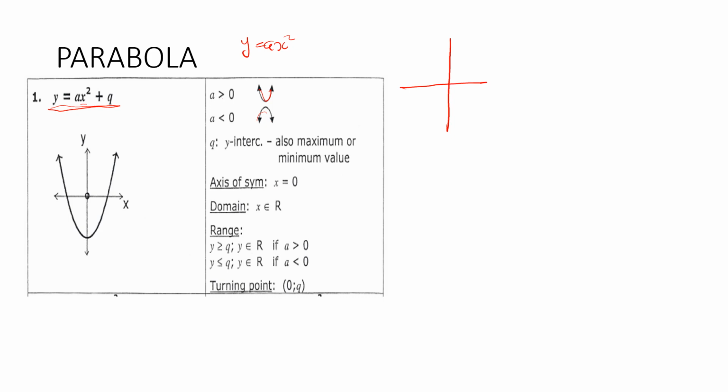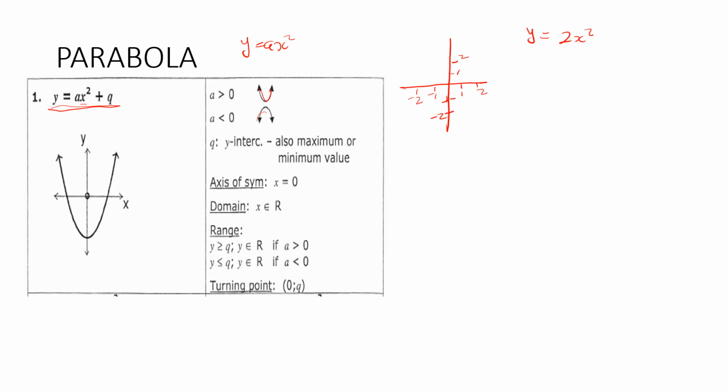Now if we have y equals, let's say, 2x squared. Having this graph, of course we'll need to plot the points here, with 1, 2, and here minus 1 and minus 2.